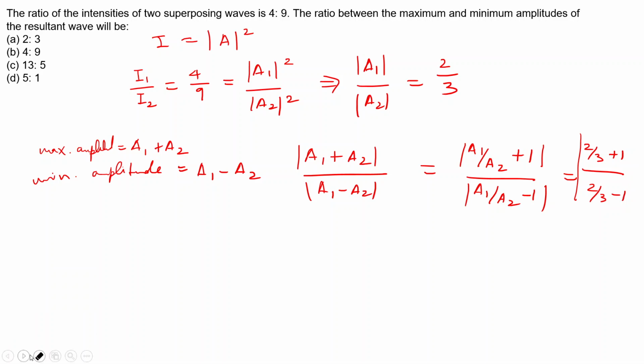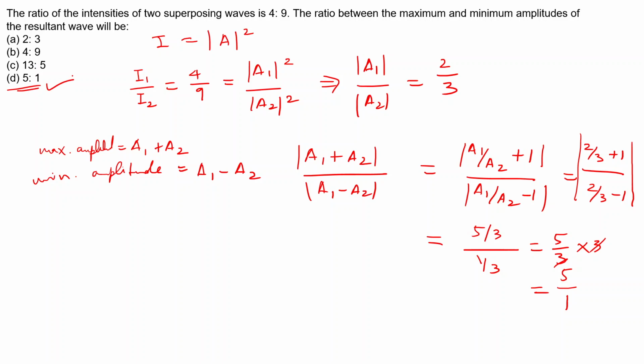The value will be 5 by 3 on top, and 2 by 3 minus 1 means minus 1 by 3, and taking the modulus it is 1 by 3. The 3s cancel, and the ratio will be 5 by 1. So the correct answer is D.